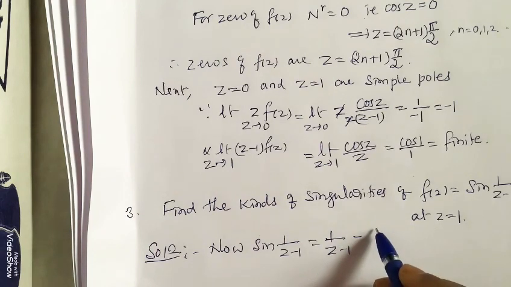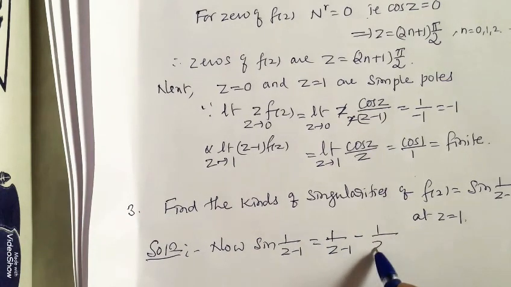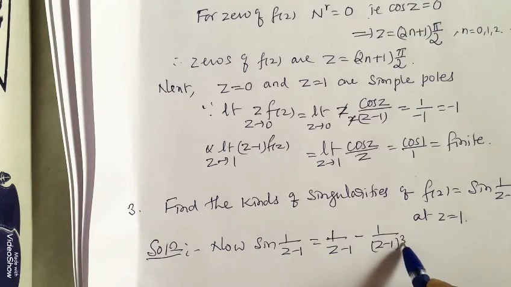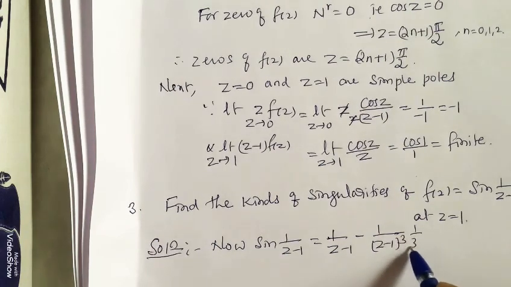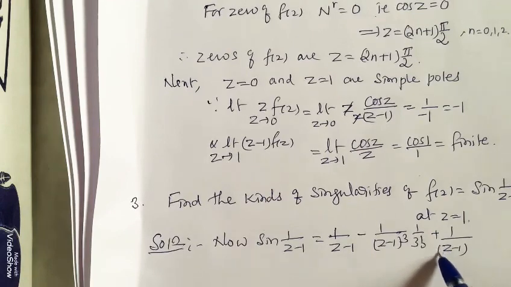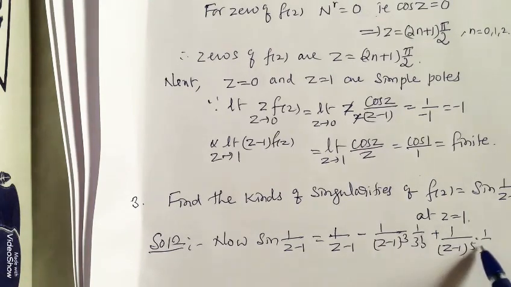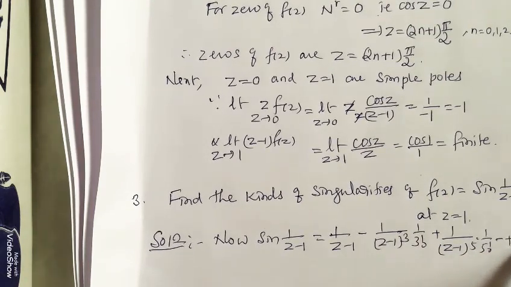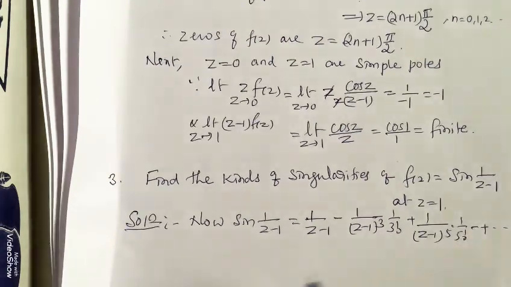So it contains an infinite number of terms as negative powers of z minus 1.